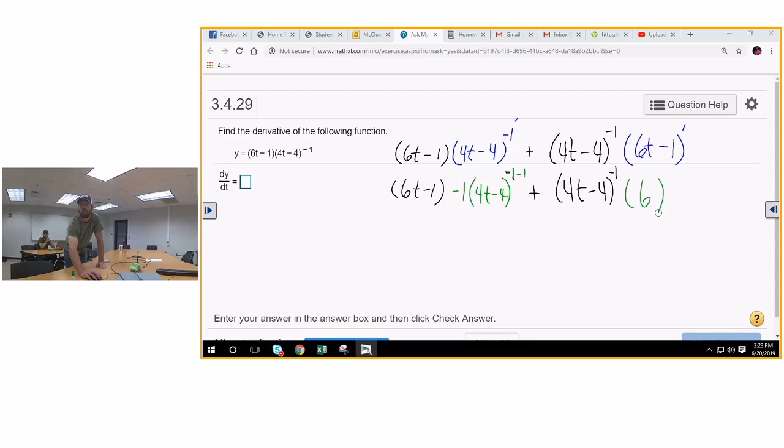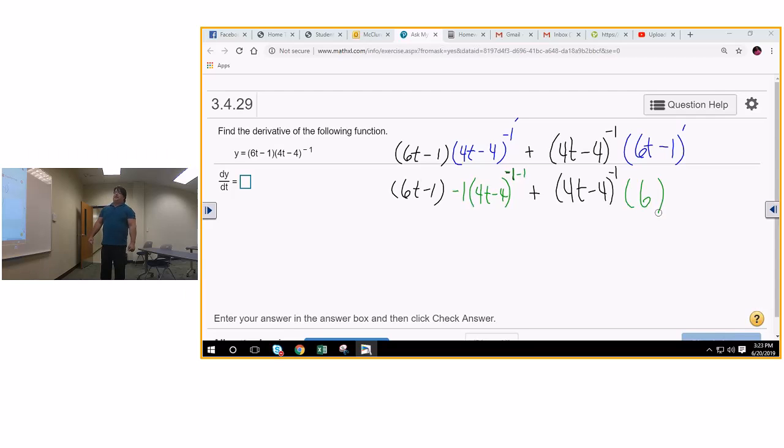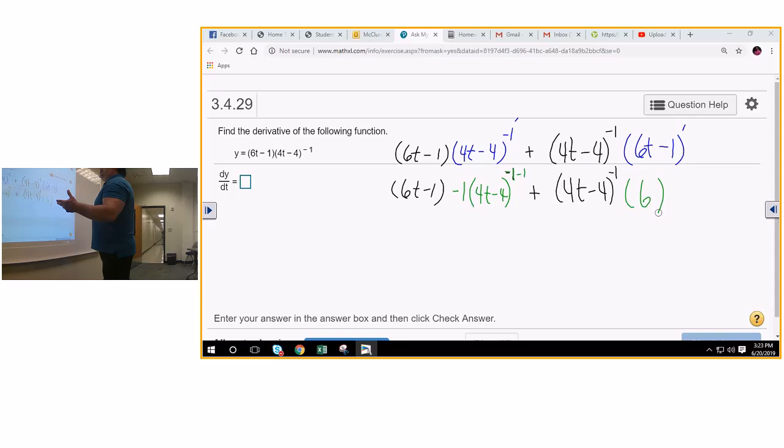All right, so we just took the derivative. Now let's clean it up a little bit. Really the only thing we can clean up is the negative. We can pull that way out front. Everybody with me?